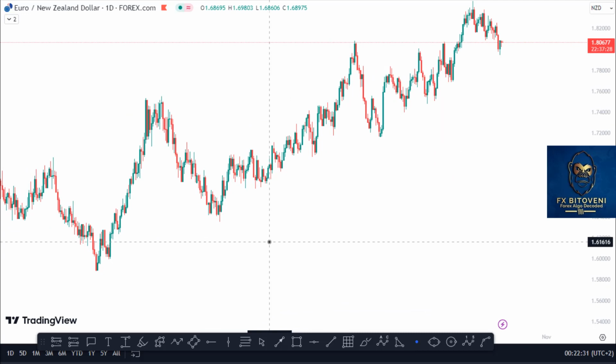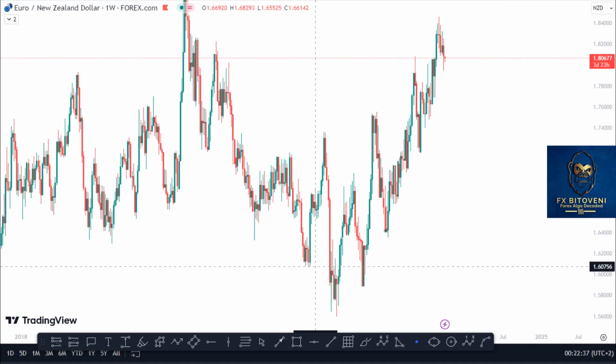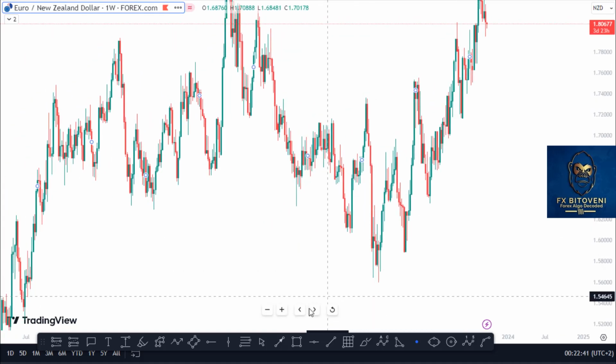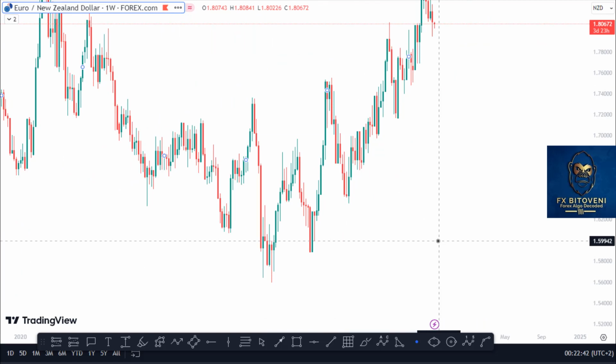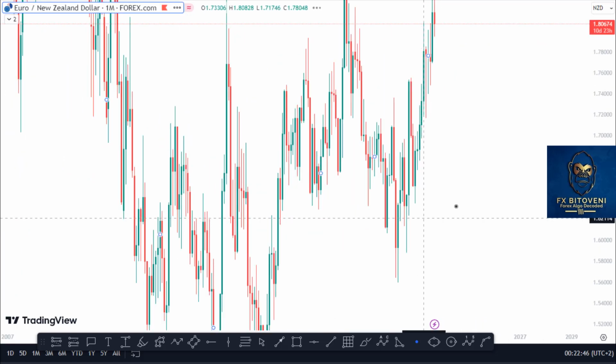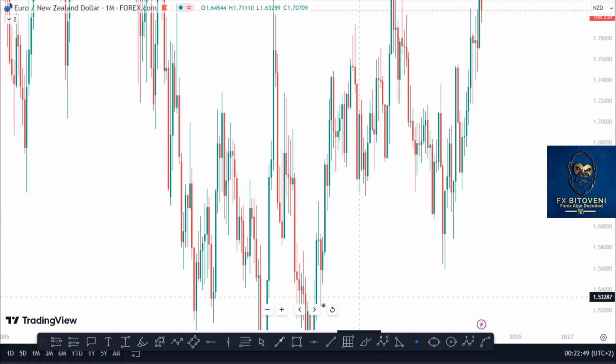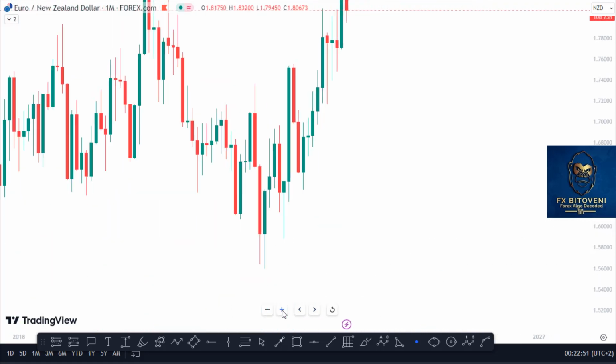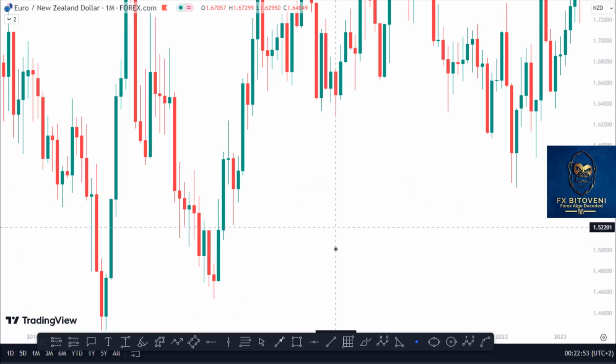So for example, if you go to weekly time frame, maybe monthly, let's check on monthly time frame. On monthly time frame, you have what?